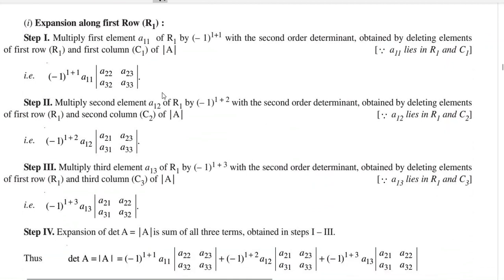Let's see. First, expanding along row 1. Step 1 is multiply element A11 of R1 by minus 1 raised to 1 plus 1 with the second order determinant obtained by deleting the elements of first row and first column C1.